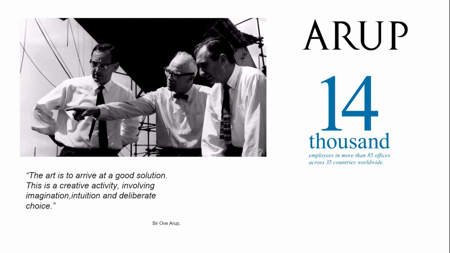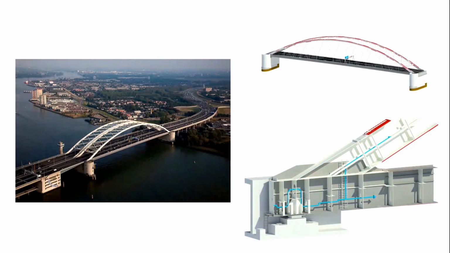First, a little bit of information about Arab. Arab is a large international company. We have around 14,000 employees all over the world, more than 85 offices. The projects that we, Arab Amsterdam, are currently working on and make use of the same workflow that I'm going to present today.